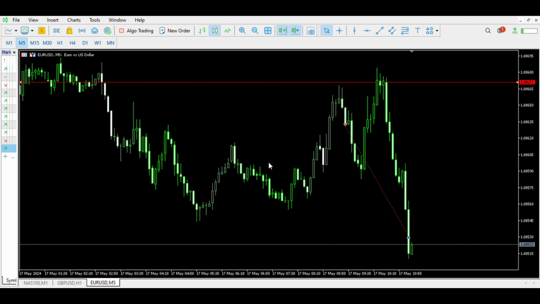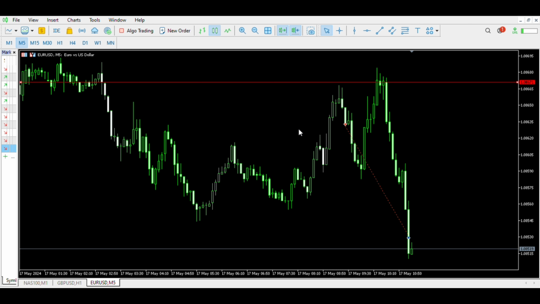Things like GU and UJ, if you trade GU and UJ, you know what I'm talking about. They do a lot of this, run liquidity, then go in the opposite direction. EURUSD has started doing it, so I've adapted and started using the negative risk to reward ratio.